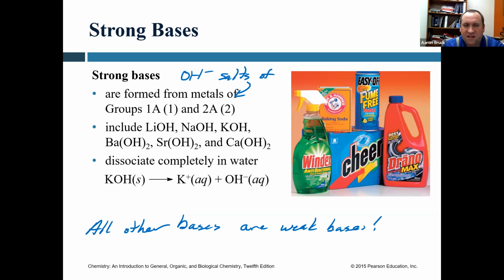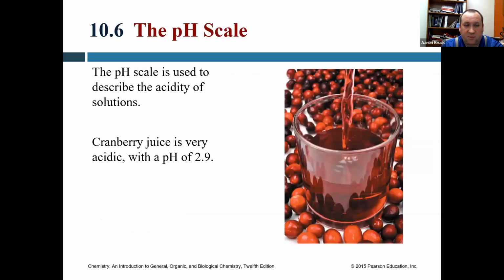And so this is where I'm going to stop the reading, stop us for today. In our next lecture, we will go through the rest of chapter 10, at least the relevant parts to us. And in that, we will discuss the pH scale, which is a way that we can quantify just how acidic or basic a solution is.